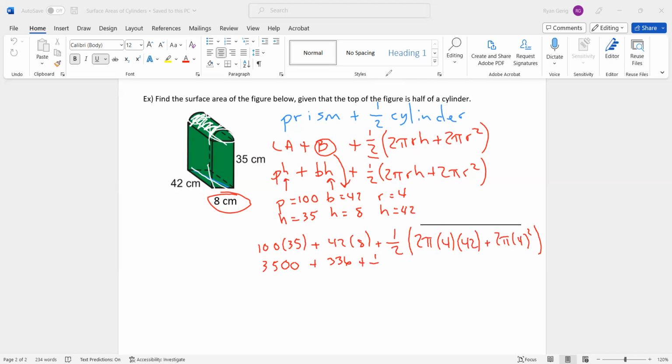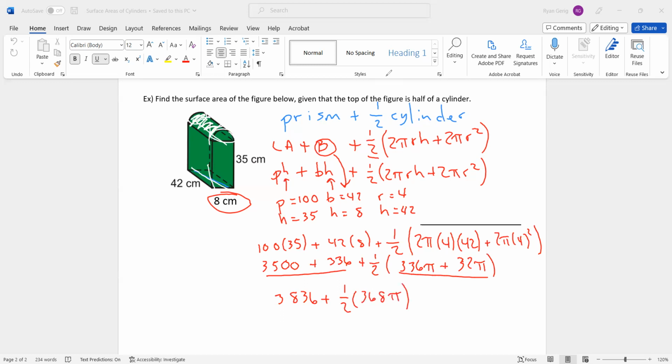I'm not going to worry about the 1/2 yet. I'll come back to that. 2 pi times 42 times 4, so 8 times 42, we just did that, is 336 pi. Plus 4 squared is 16, and 16 times 2 is 32 pi. So when I add those together, that's 3836 plus 1/2 of 368 pi.